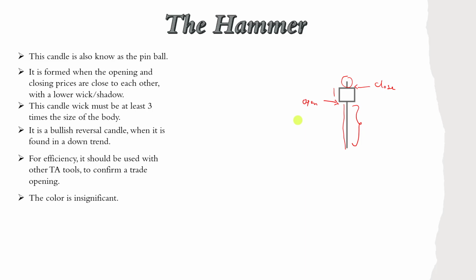Now let's discuss the psychology behind the formation of the hammer candle. If you have a hammer candle, let's draw it again for us to understand what is going on. A long wick and a small or no upper shadow at all.